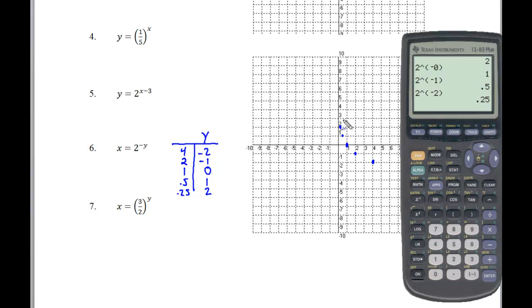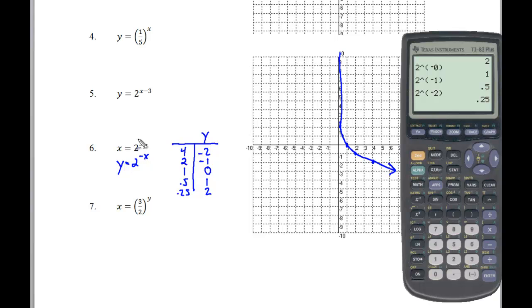So what we have here is this inverse graph that will never touch that y-axis, and will move on like this. So this is the inverse of the exponential of y equals 2 to the negative x power.